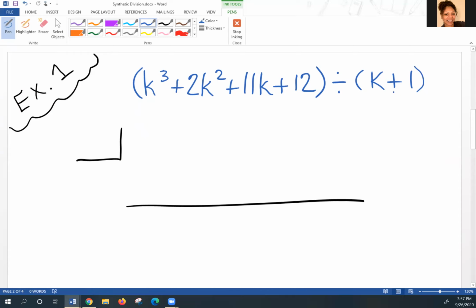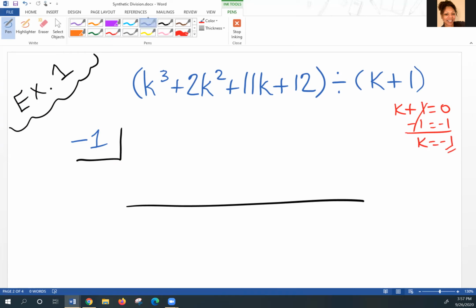For my divisor, I would not put the entire expression k plus 1. What I would put is negative 1. And that came from me setting k plus 1 equal to 0 and solving for k. So I'm doing the inverse, and k is actually negative 1. So whatever this answer is, that's what your divisor is going to be.